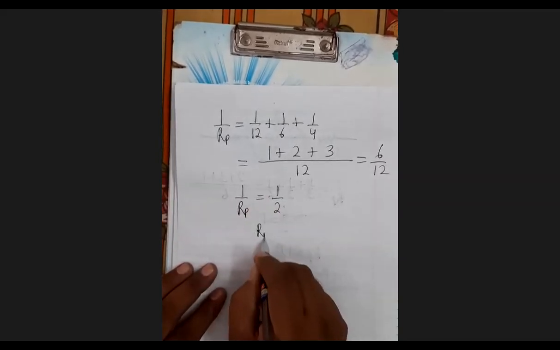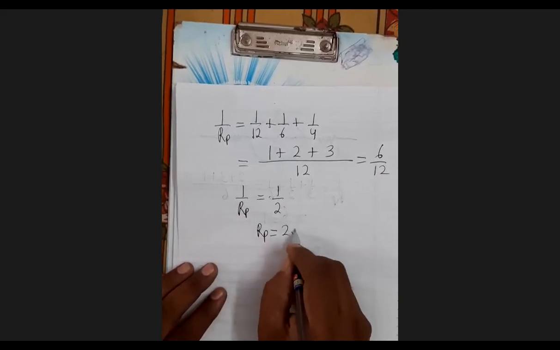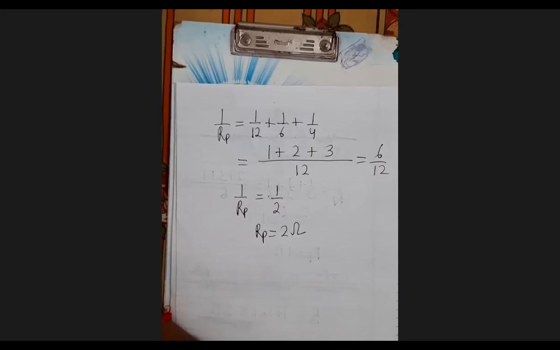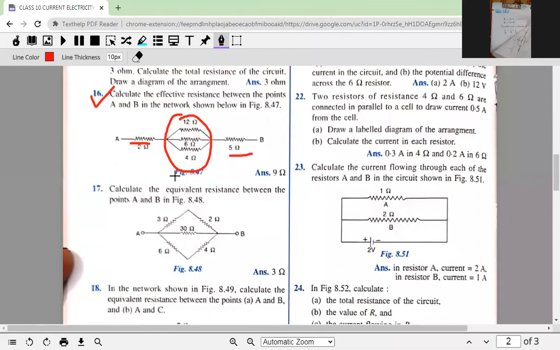So Rp equals 2 ohm. Means this has reduced into 2. Now 2 plus 2 plus 5 will be equal to what? 9. 2 ohm plus this whole has converted into 2, 2 ohm plus 5 equals 9.